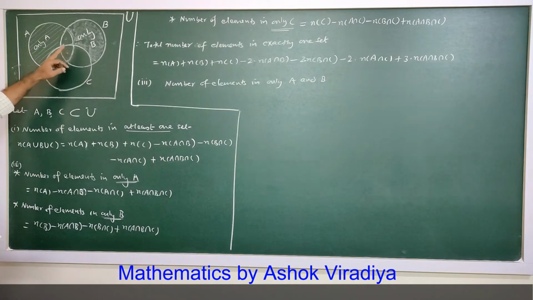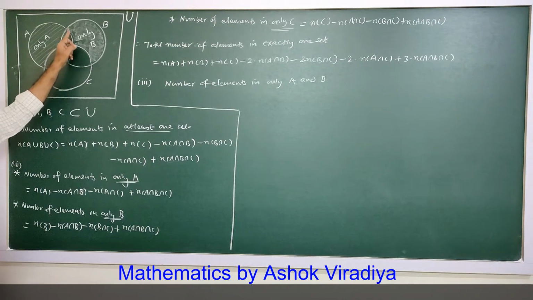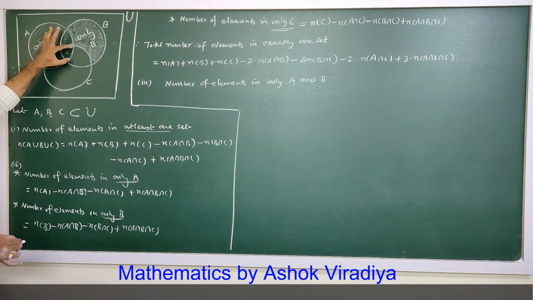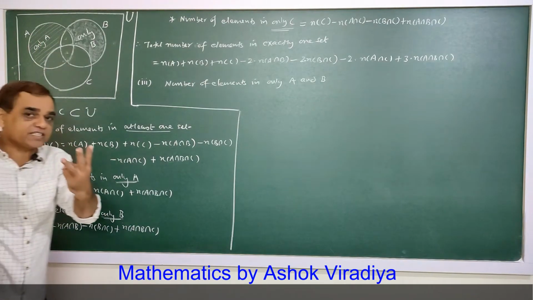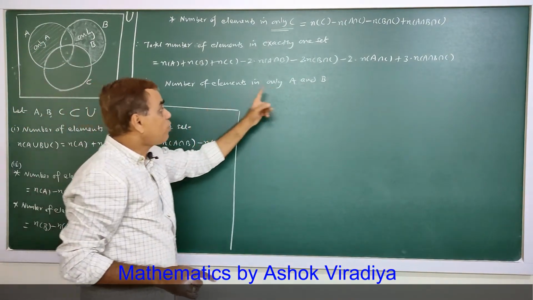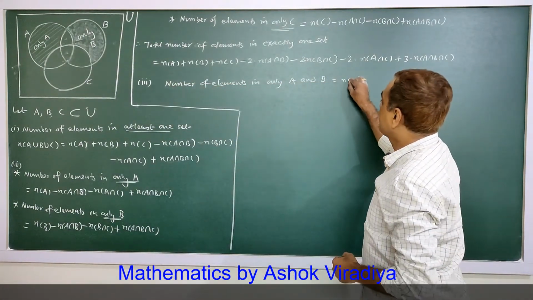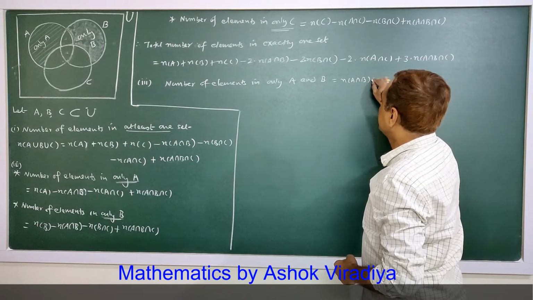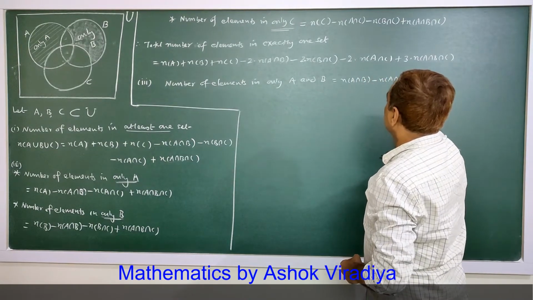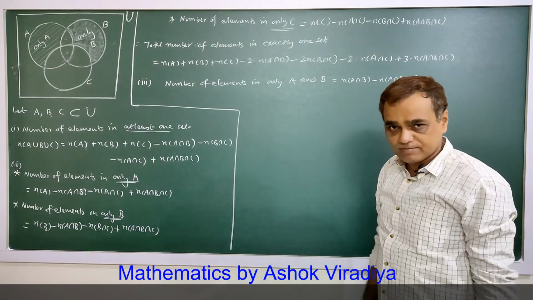So number of elements in only A and B, it is equal to number of elements in A intersection B minus common of all three. We don't want elements in three sets, we need elements in only A and B. So that is number of elements in A intersection B minus common of 3.